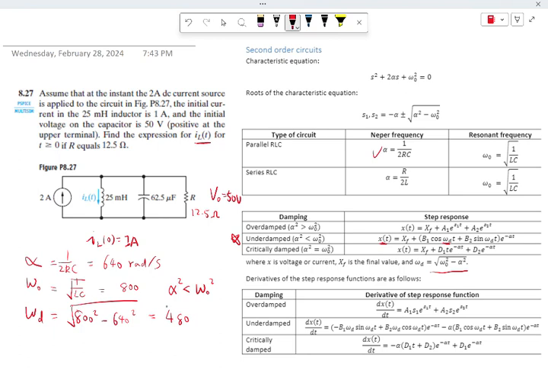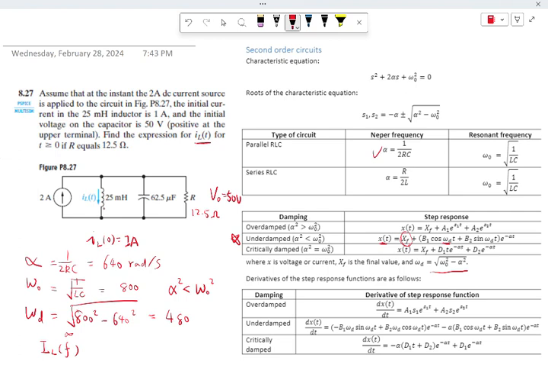Okay, and you can see there is another thing we don't know, which is the final value. In this case it is current, so we are looking for the inductor current final, or we write it like this, at infinity. When the circuit reaches steady state, time is infinite, so the inductor becomes a short circuit.